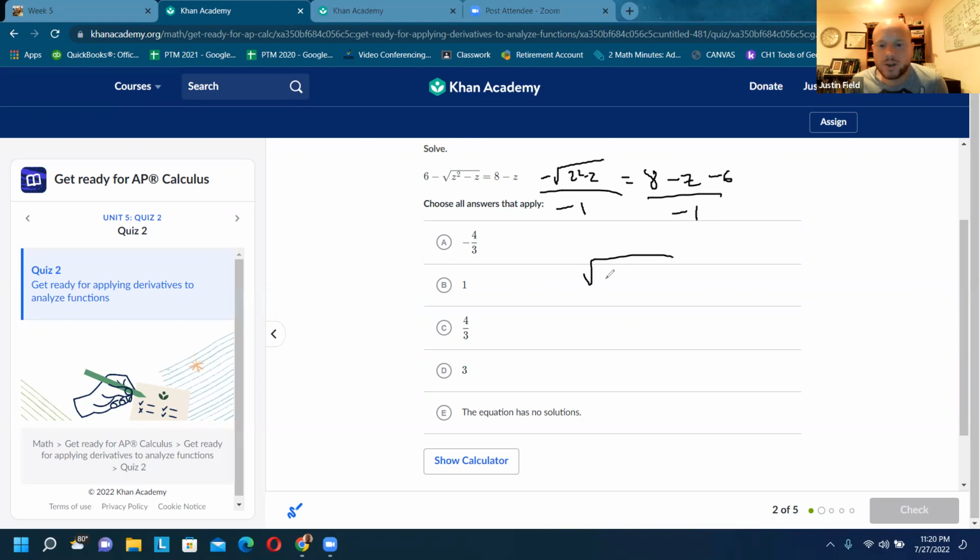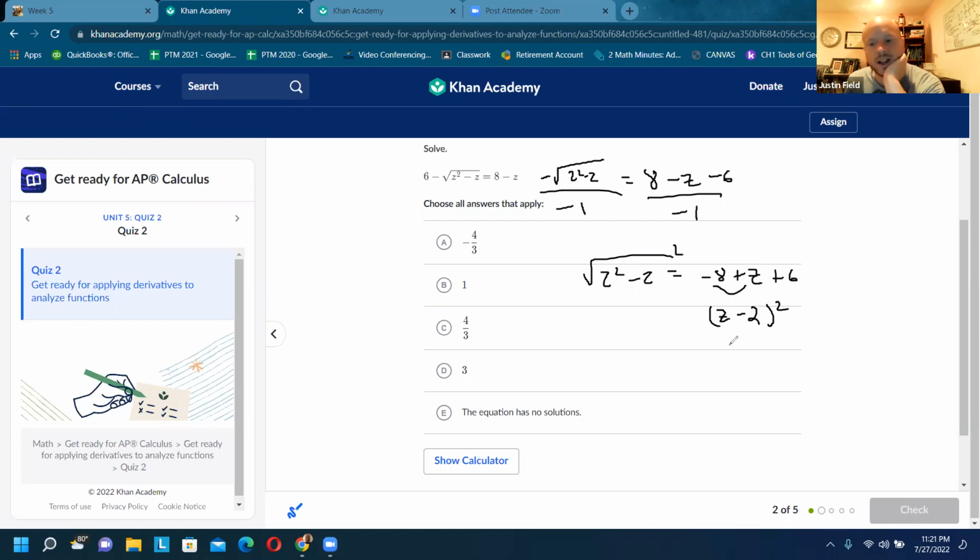So now we get the square root of z squared minus z equals -8 plus z plus 6. And now we're going to square both sides. Oh, better combine these. That's a z. Don't forget that. Then that's going to be -2. So z minus 2. Well, that's confusing because my z looks like a 2.